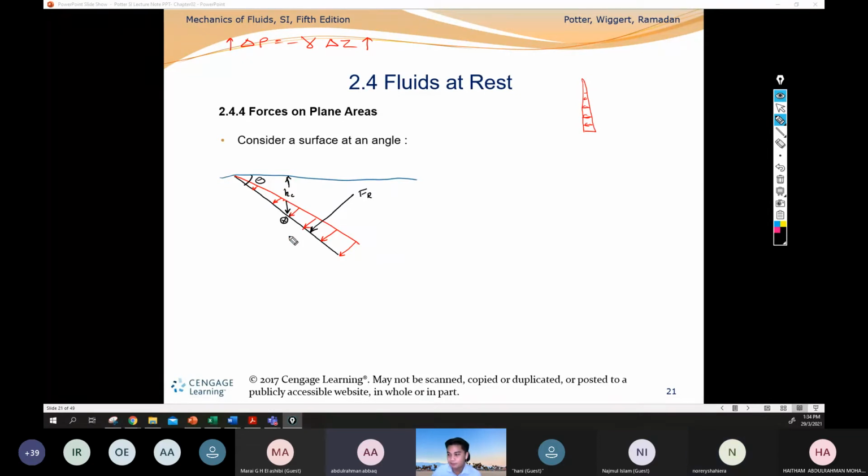This is HC. Because of this HC, let's draw from the surface slanting to the centroid. This is YC, from the surface to the centroid.